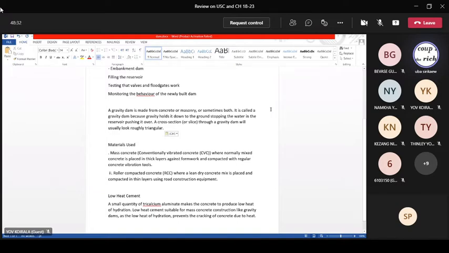Roller compacted concrete is concrete compacted in thin layers, Ajahn. Concrete that is compacted in a very thin layer. This is also used to reduce the conventional concrete as well.